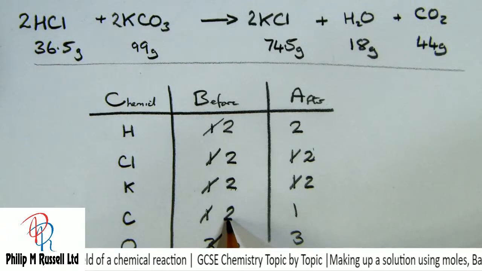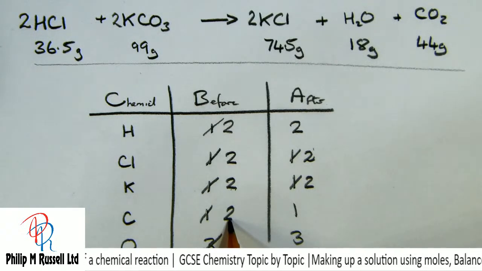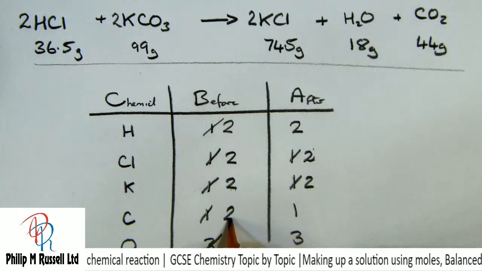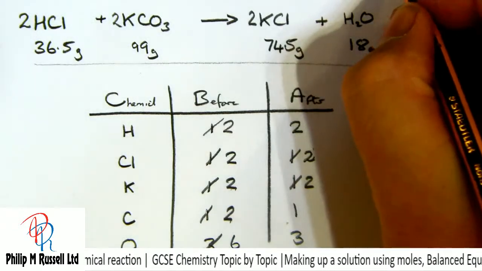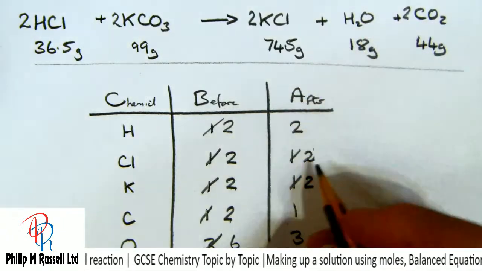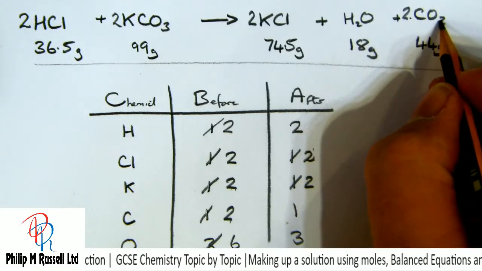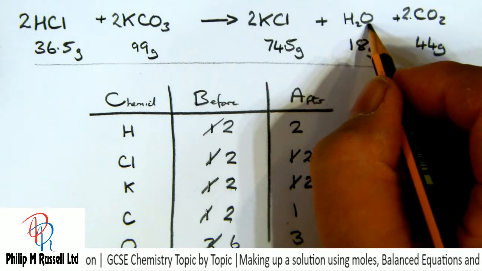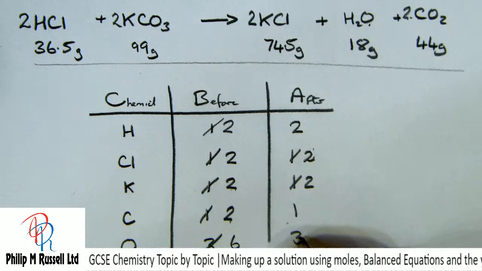My carbons, I've got 2. So if I've now got 2 of these, then I've got 2 2s are 4, and my oxygen here makes 5.